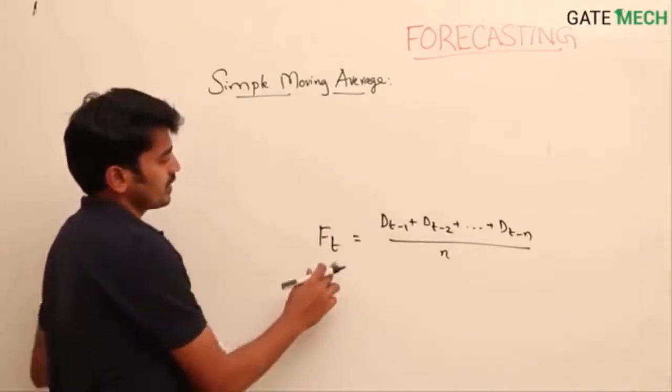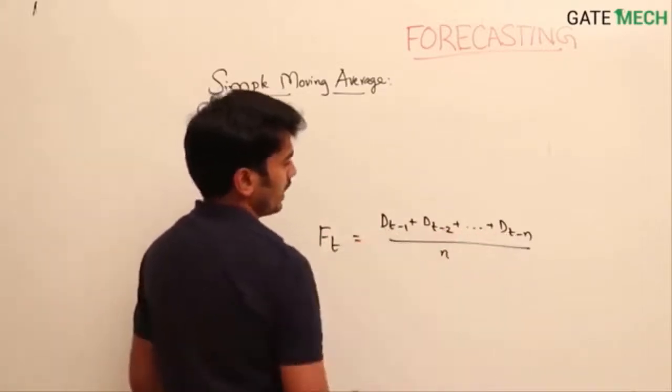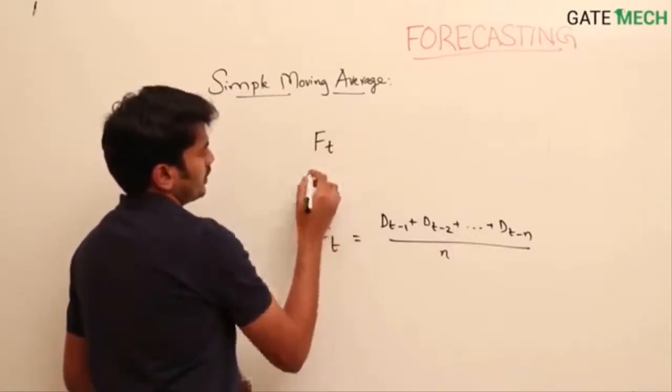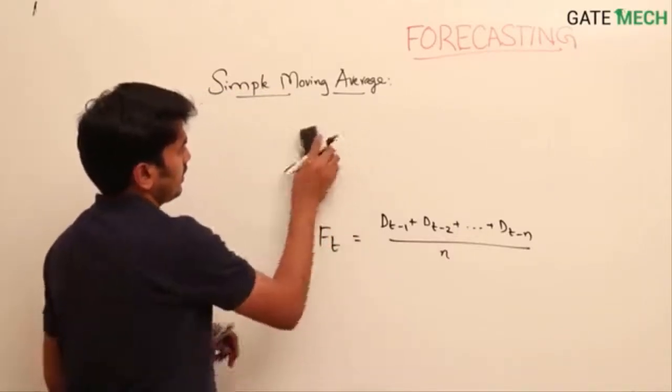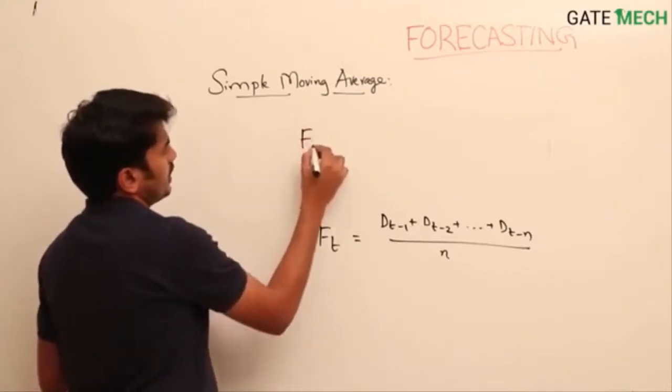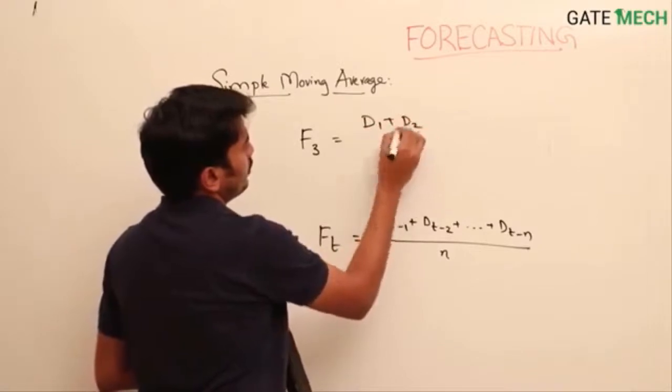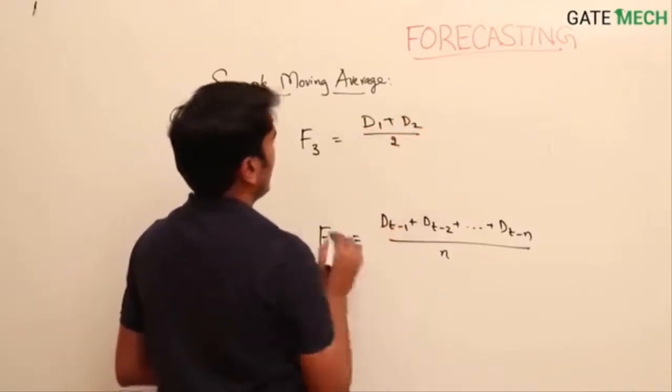In this case it is considering t-1 to t-n. Suppose F3 equals D1 plus D2 by 2.